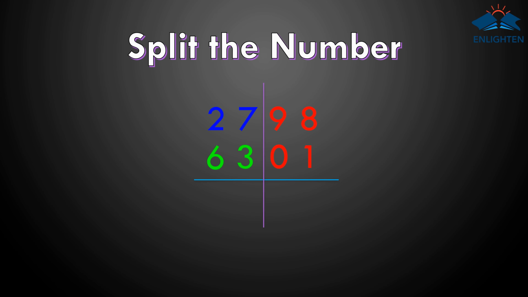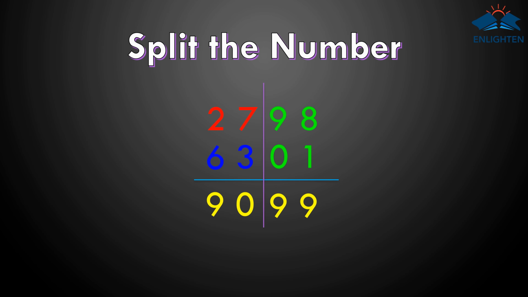Therefore 30 plus 63, 93. As we added 3 to 27, now subtract 3. Therefore 90. Add 98 and 01. 99. Answer 9099.